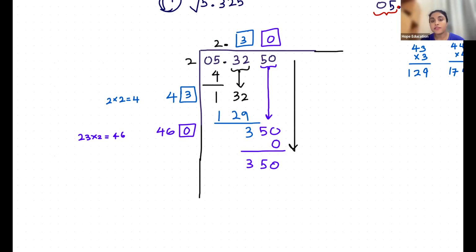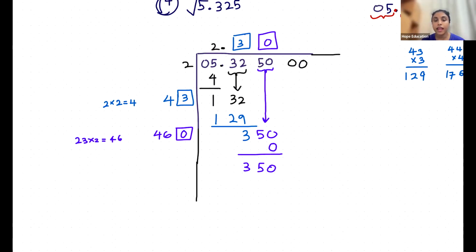Then I will add 2 zeros. When I add 2 zeros I should put a decimal place ideally, but there is already a decimal place here, so I don't have to add another. I will add 2 zeros and bring the 2 zeros down.